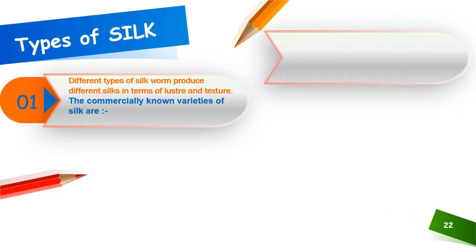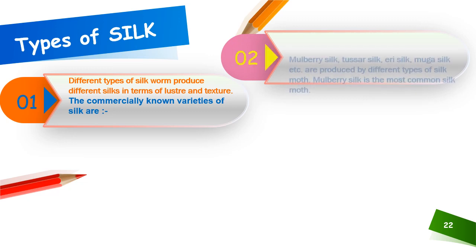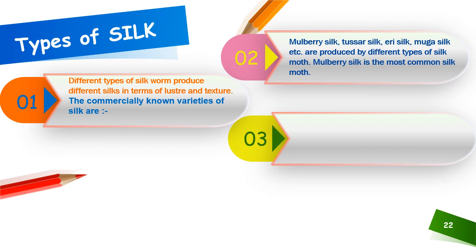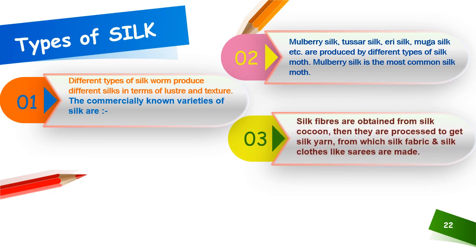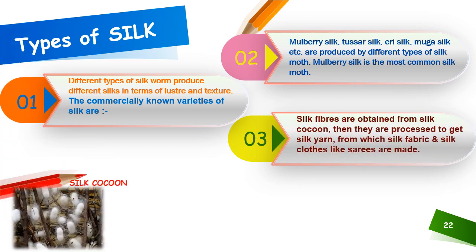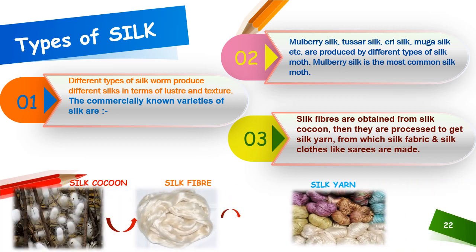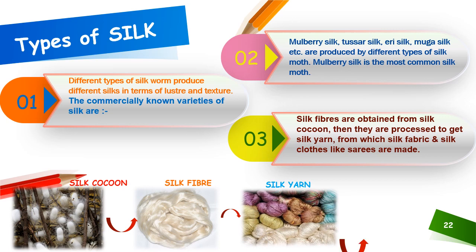The four commercially known varieties of silk are mulberry silk, tussar silk, eri silk, and muga silk. Silk fibers are obtained from silk cocoon, then they are processed to get silk yarn, from which silk fabric and silk cloths like saris are made.